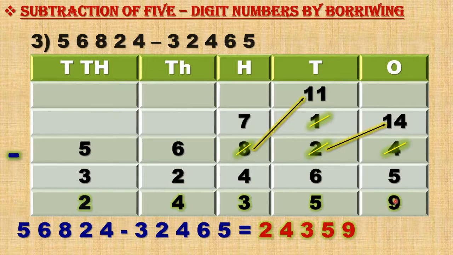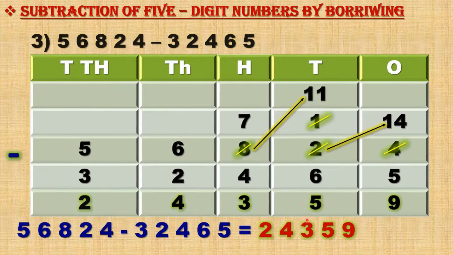Next in tens place, we cannot subtract 6 from 1. So we will borrow 100 from 800s. So 8 will become 700s and 1 will become 11 tens. Now we have to subtract 6 from 11. So 11 minus 6, we will get 5 tens.